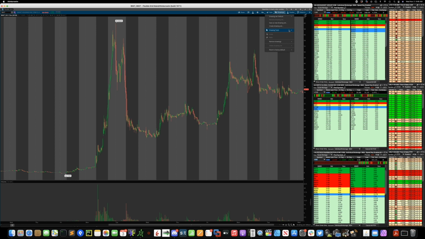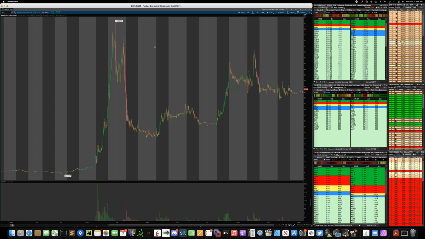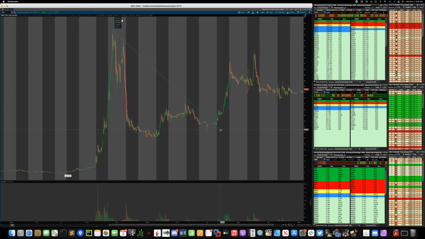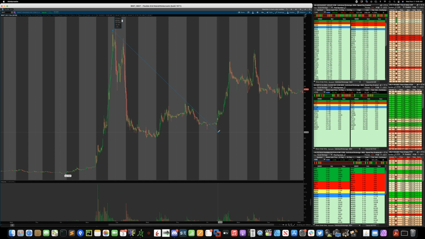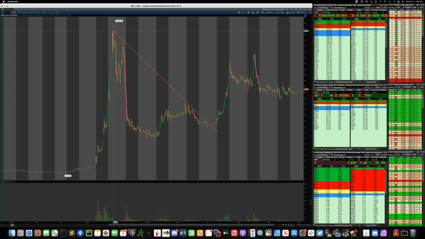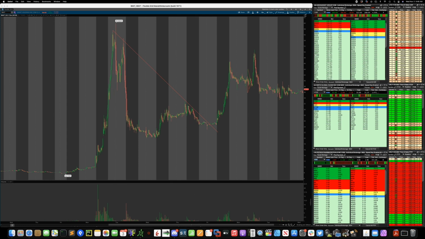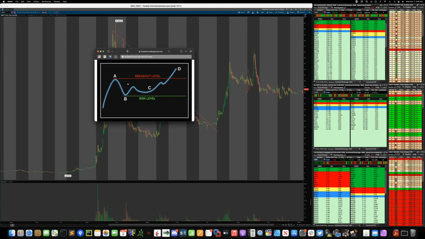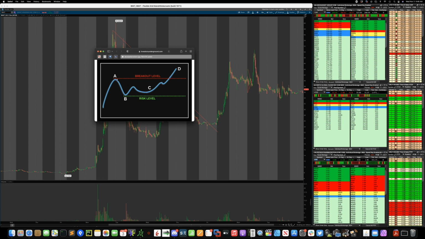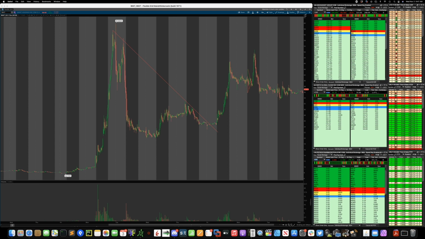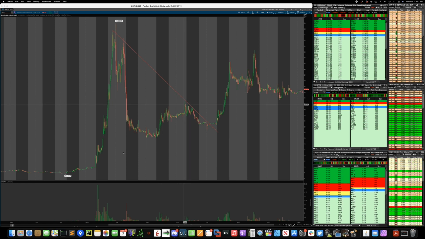Yeah, because we can talk about wedges also. Pretty much anytime you get that kind of ABCD pattern, you'll have this wedge form. Like I say, you'll go from A, and you'll usually draw a downtrend to this middle test here. So drawing a downtrend line from A to that first push attempt, which is what I'm doing here.